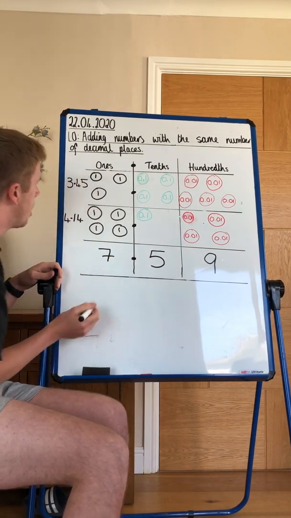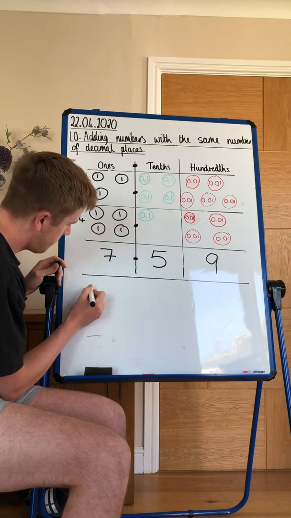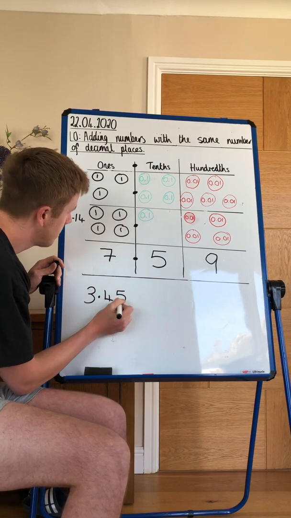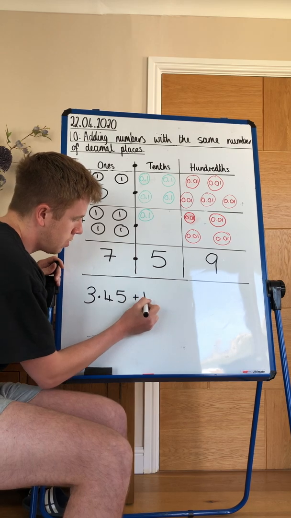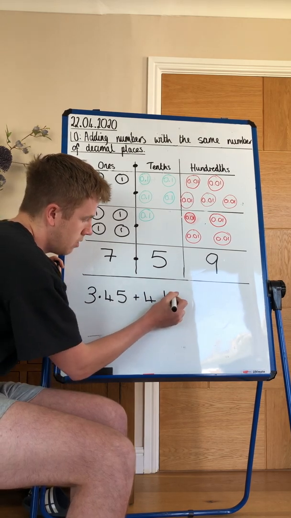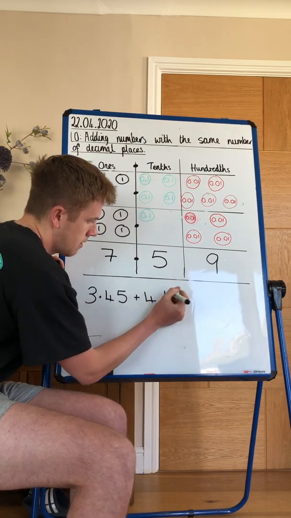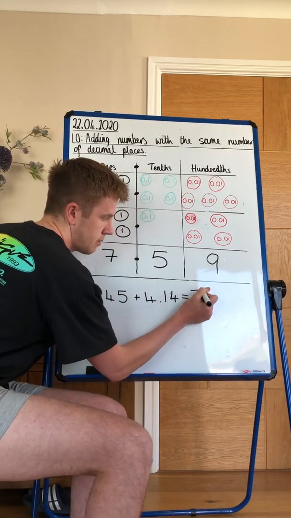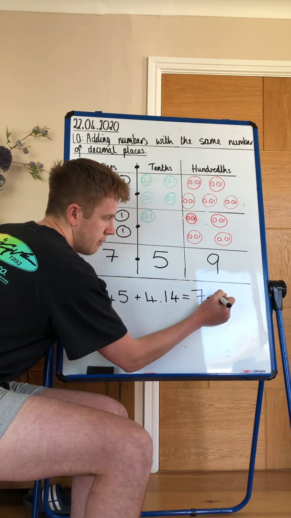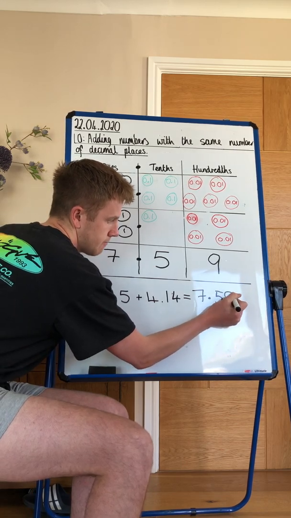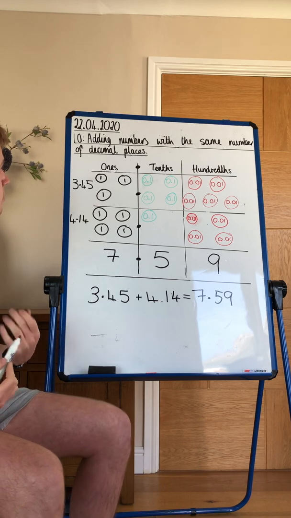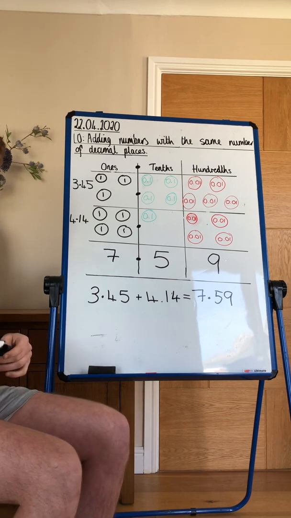So 7. So 3.45 add 4.14 is equal to 7.59.